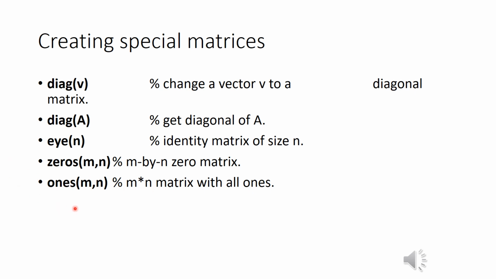Also we can have ones(m,n), an m cross n matrix where all values are 1. We will be using the ones and zeros matrices where necessary.